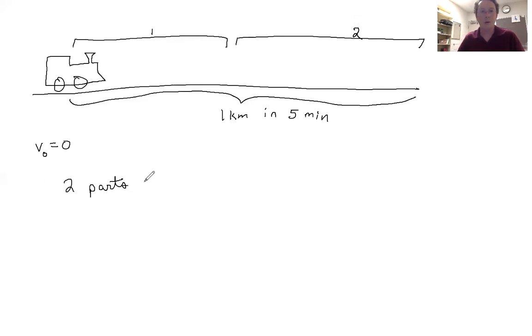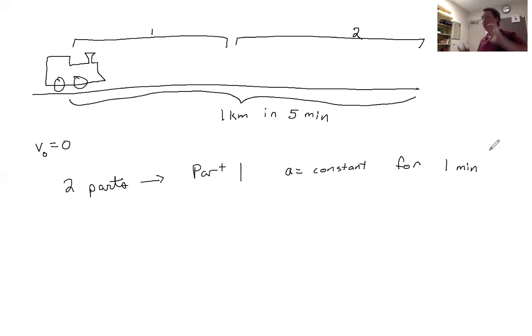For part 1, we will assume the acceleration is constant for 1 minute. So for 1 minute it has a constant acceleration, but we don't know the actual value of the acceleration. It's just taken to be a constant value.